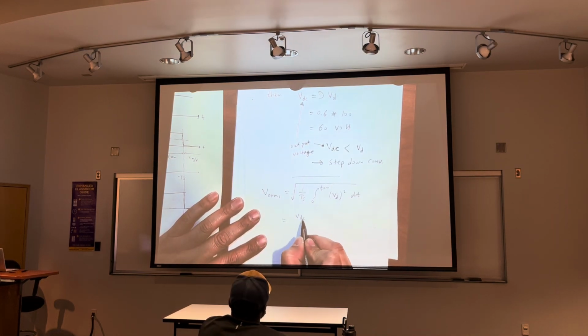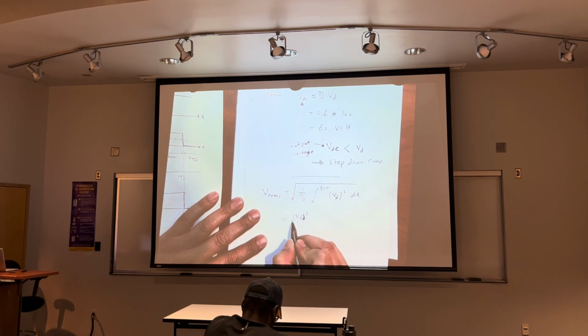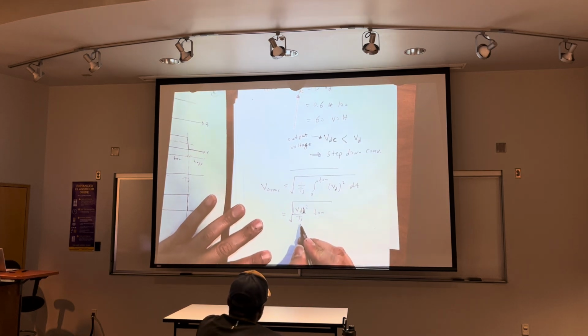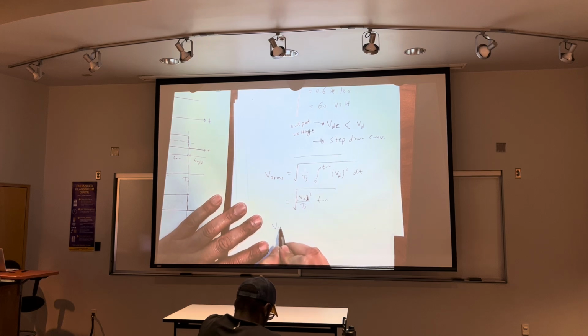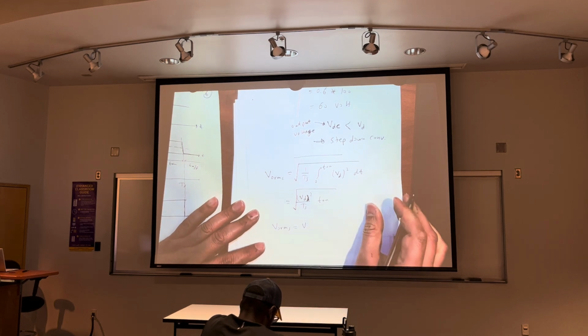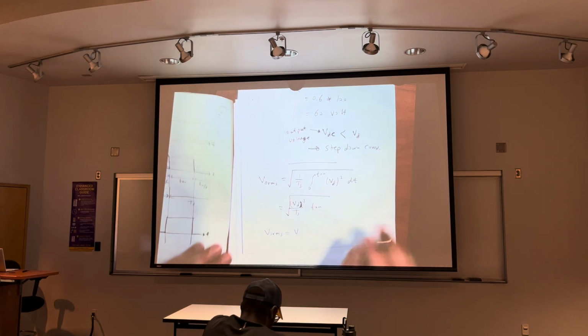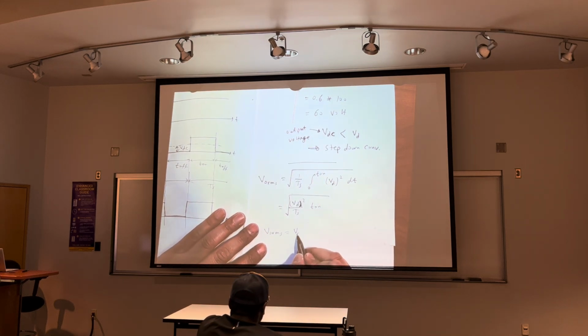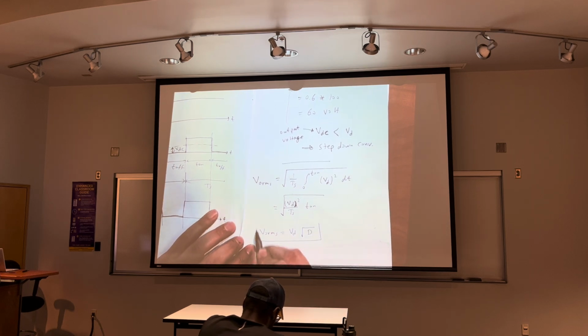VD square divided by Ts, times T on. Now T on to Ts is the duty cycle. So we get RMS for VD square duty cycle.